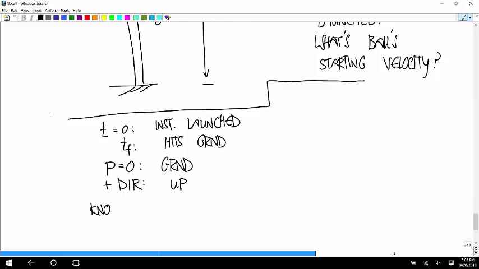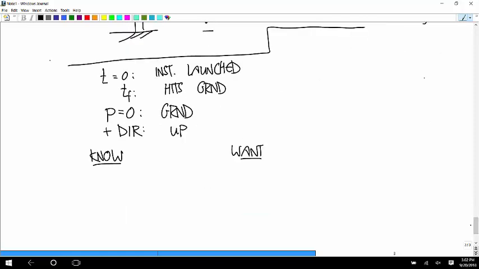And now what we know and what we want. Time final in this one is given. It's equal to 0.7. Acceleration we know is negative 9.81. Initial position is positive 10 meters.